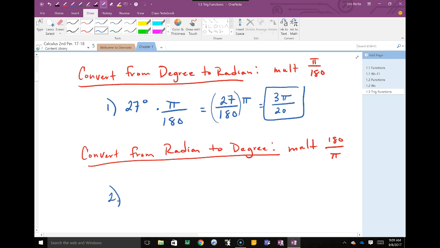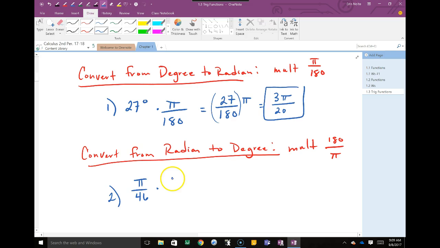Hit me with a hard one. I need a pi in there somewhere. Pi over 46. Ooh, icky. That was nasty. Okay. So what is pi over 46 as a degree angle?